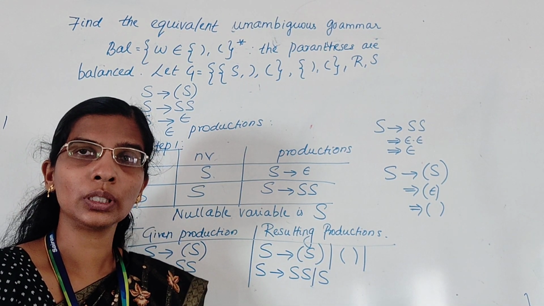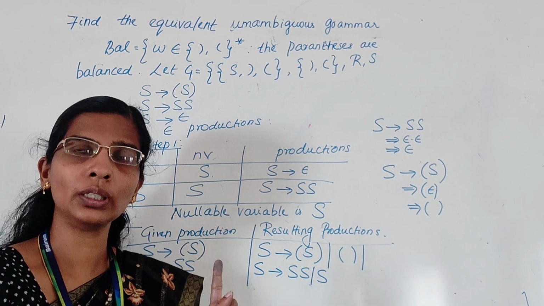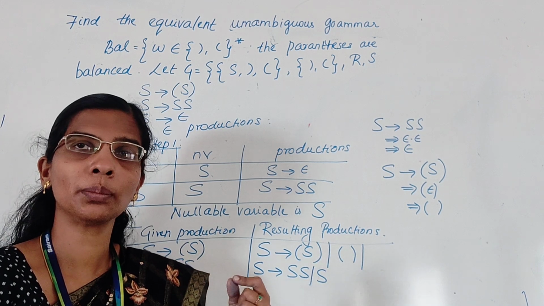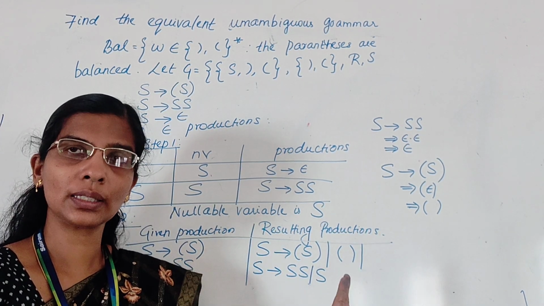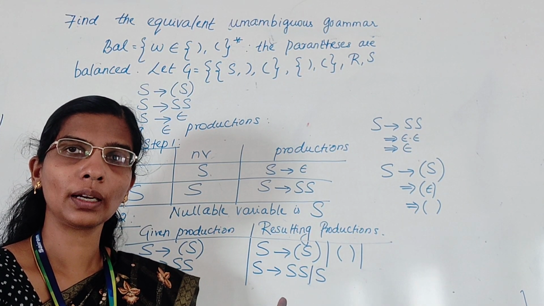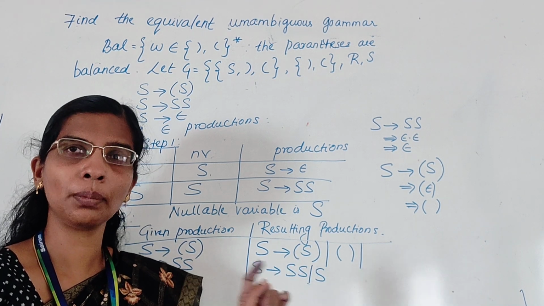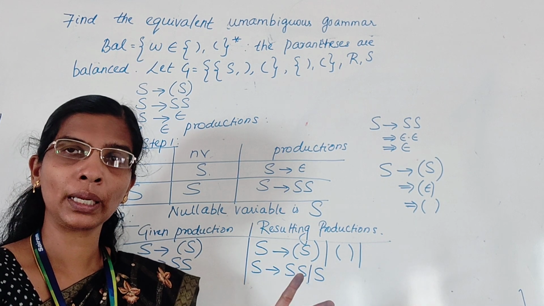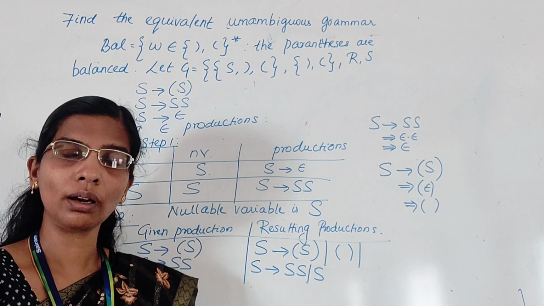So I'll keep only one epsilon production, at most one epsilon. What is the meaning of at most? Maximum one. At most 1 means maximum you can have 1; at most 2 means maximum I can have 2 or 1 or 0.